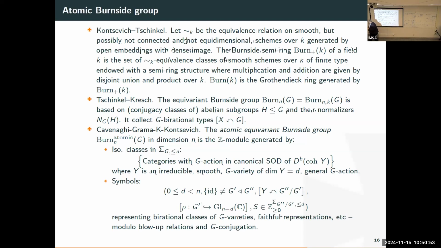And you have this theory of atoms, which I just described for you. And so what we want to do is to obtain a new invariant which combines these two, the Burnside invariant and the atom type of invariant, which we just described, to get new obstructions to G non-rationality.